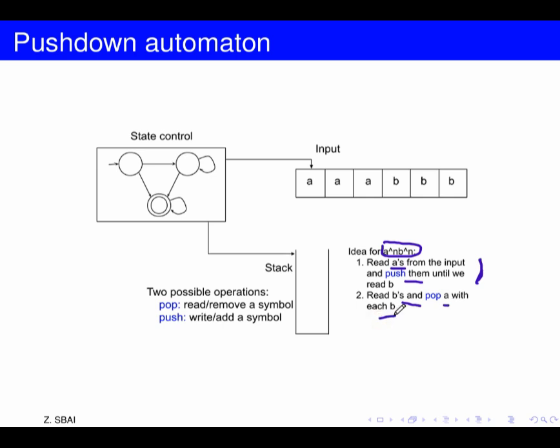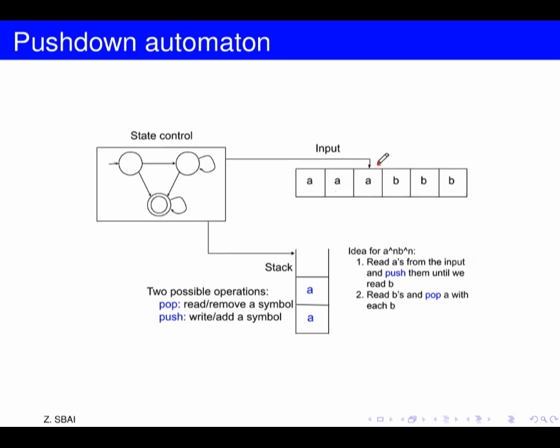In this case, we guarantee that the number of b's read corresponds to the number of a's. For this example of input AAA, triple B, we read the first symbol, and since it's the symbol A, we push it on top of the stack. Then we see again the symbol A, so according to this rule, we push it.